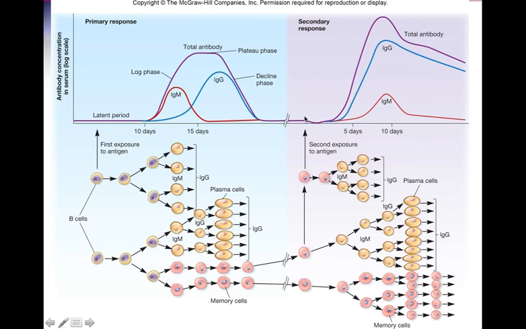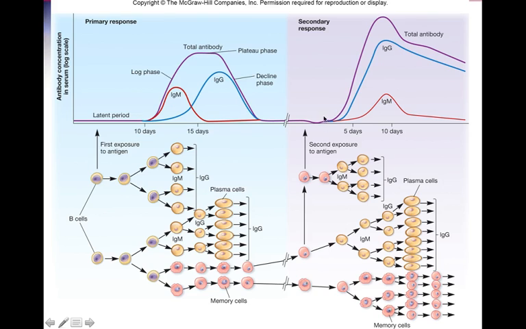However, the second time you come in contact with the same microbe, you get a lot of IgM and IgG shortly after 5 days of a second exposure. And these levels are higher because you have memory cells that were generated the first time you came in contact with that pathogen. You'll have those memory cells ready to divide quicker once activated again.